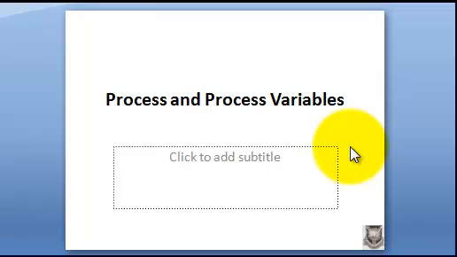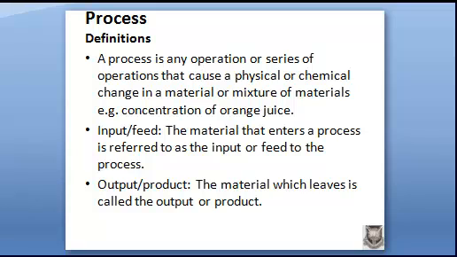Another major topic under food process engineering is process and process variables. Process. What is a process? A process is any operation or series of operations that cause a physical or chemical change in a material or mixture of materials.